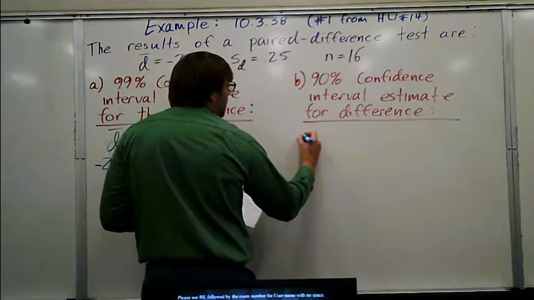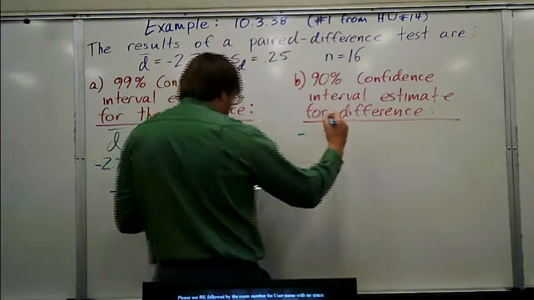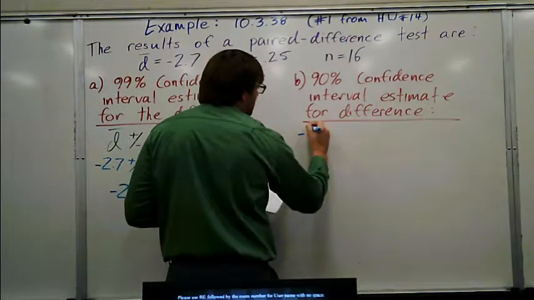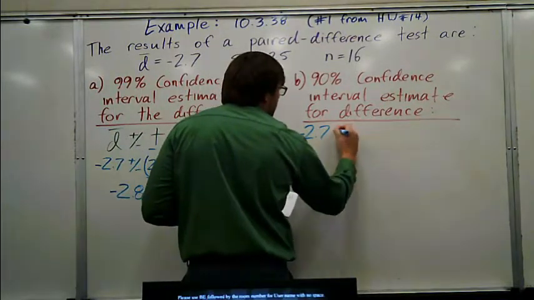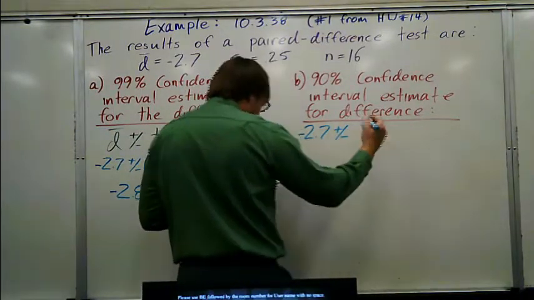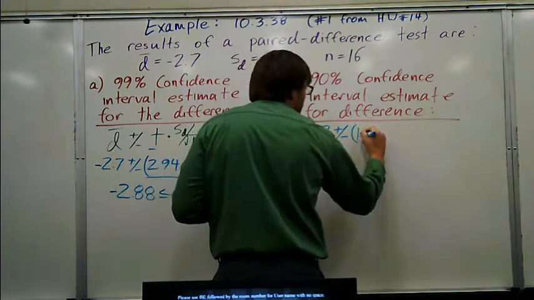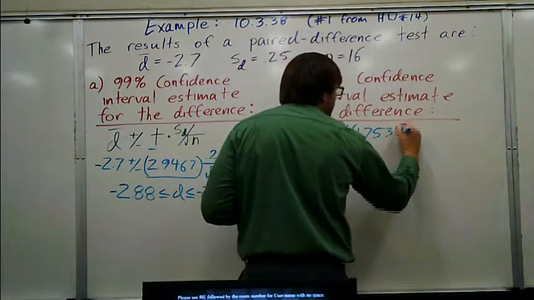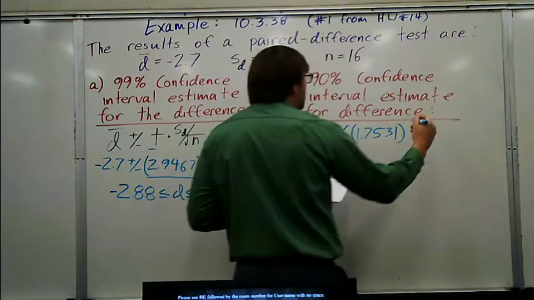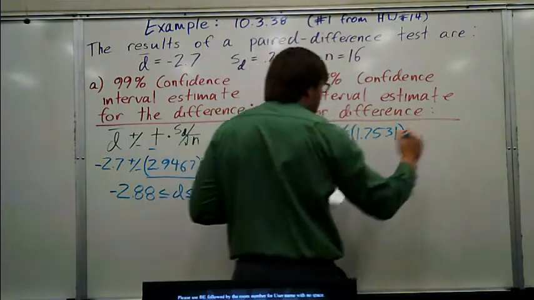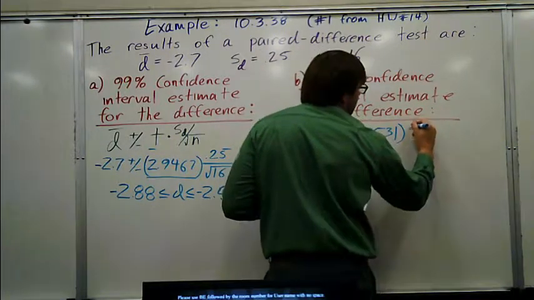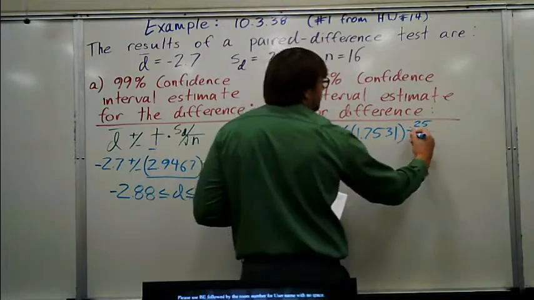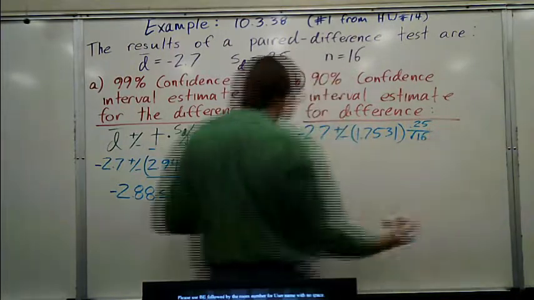So again, we have the mean difference, which was negative 2.7, plus or minus the t-value, which was 1.7531 again in this situation, multiplied by our sample standard deviation of the differences of 0.25, divided by, again, square root of the sample size, which is 16.